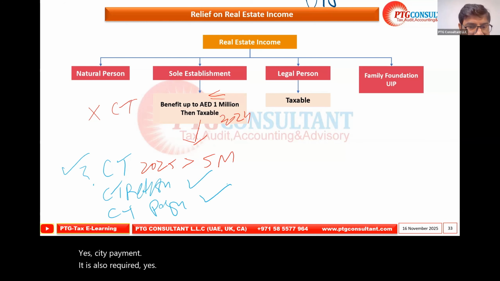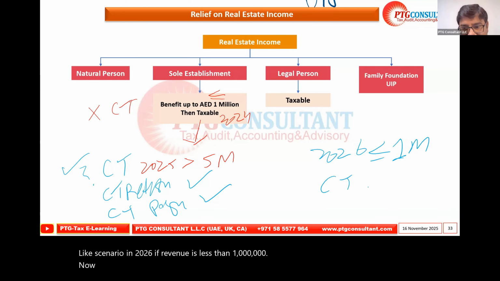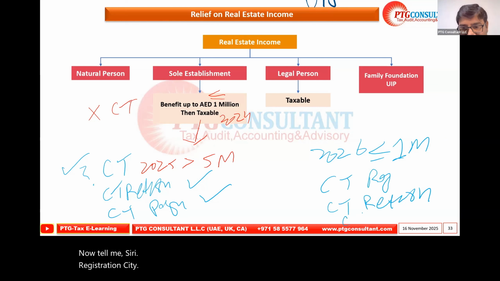Now, if everything is required, the next scenario is in 2026, if revenue is less than 1 million. Now, tell me, city registration, city return, city payment. So what to do if city registration is already done?